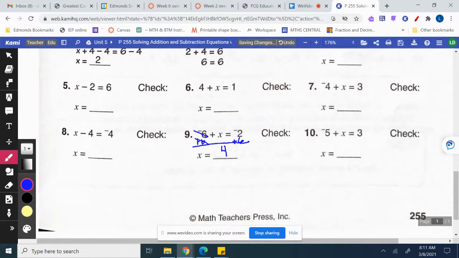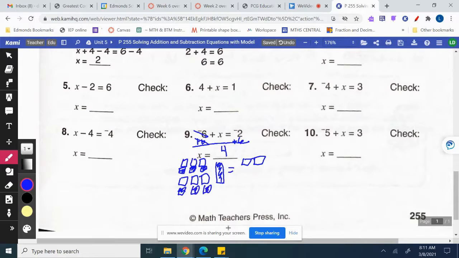But let's say you're not ready for this step and you still need the blocks. So let's put in the blocks. So I have 1, 2, 3, 4, 5, 6. I have a positive x equals -2. And to get rid of that negative, I have to use positive blocks. 1, 2, 3, 4, 5, and 6.